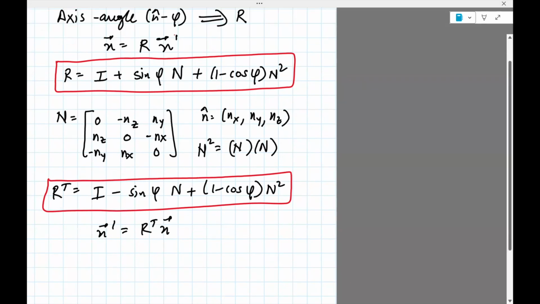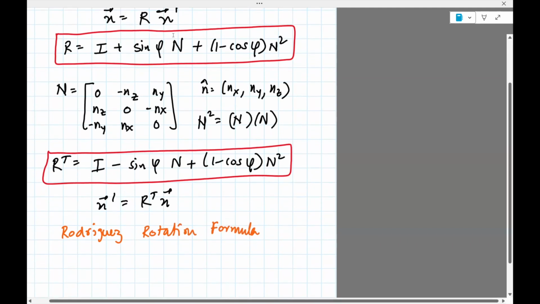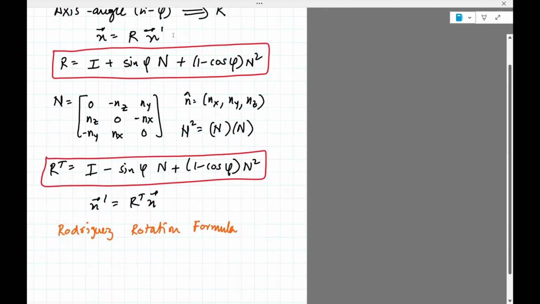This formula is also known as the Rodrigues formula for rotation. You might have heard of the Rodrigues formula. That's pretty much that.